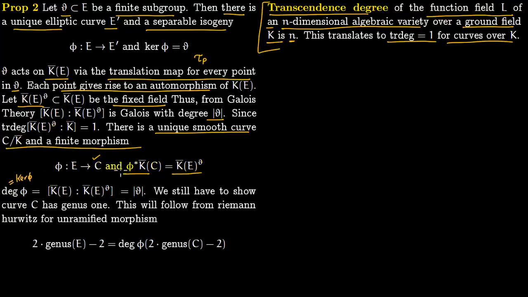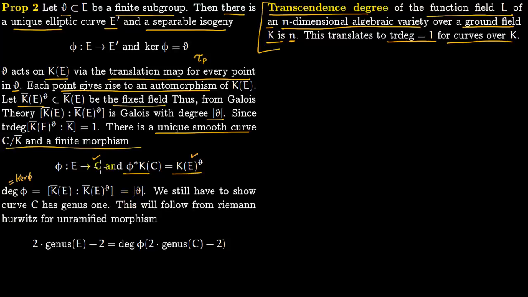We could find a map such that φ*(K̄(C)) is this fixed field, and then the degree of φ is as above. So nothing much, just following the definition.